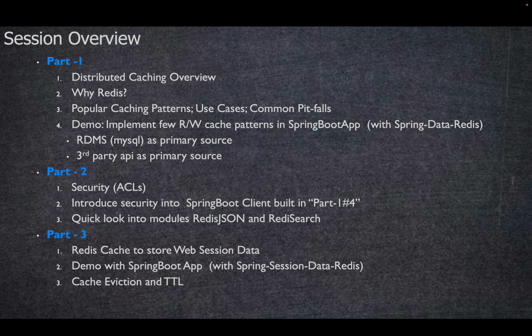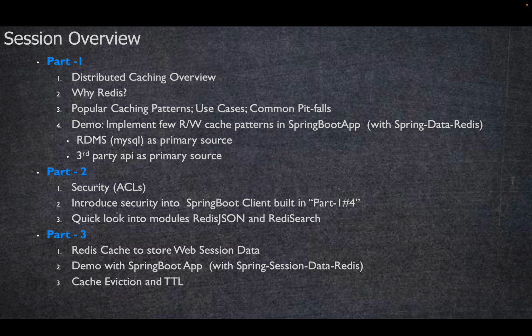We will see how Redis on the server side implemented the security, and then how to manage the users and access on the Redis server side. And then on the client side, we will use the same Spring Boot application that we built in part 1, and we will incorporate the security into this Spring Boot application.